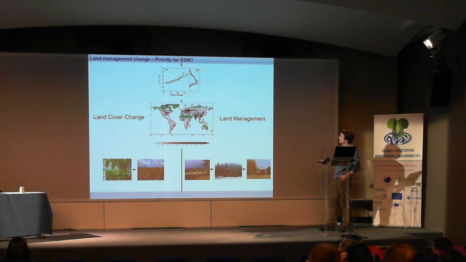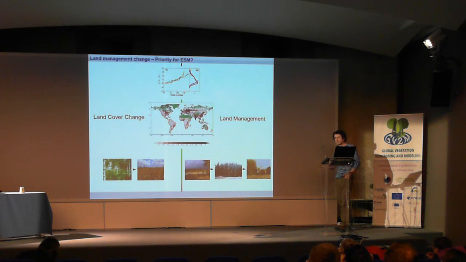If you take a global map, you exclude the areas where there is hardly any management, which are the green areas, and then you look at the areas where we already had a land cover change, which are the darker areas, there's still a lot of land left where we can expect some intensification or extensification of the land management.